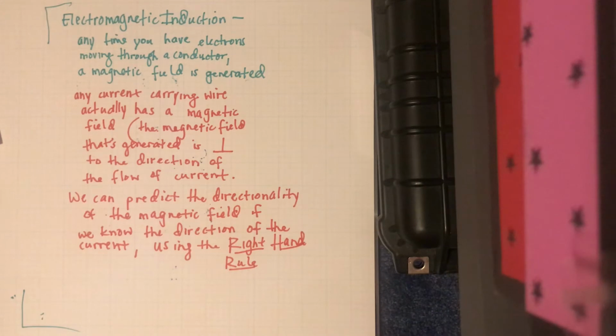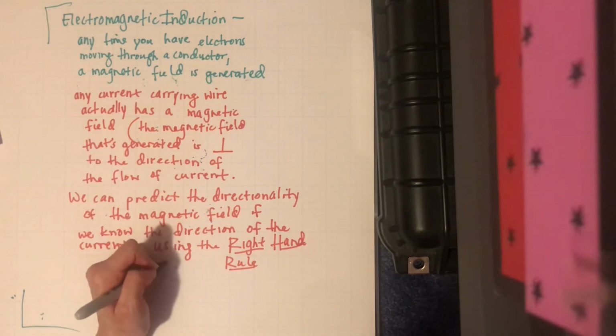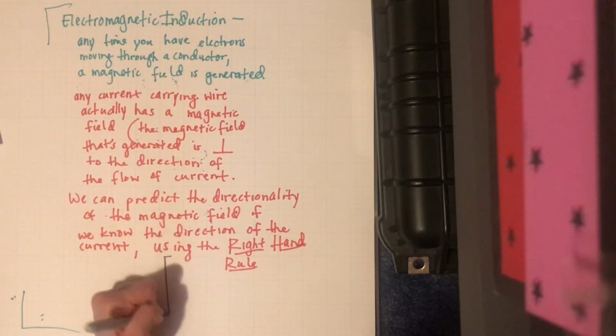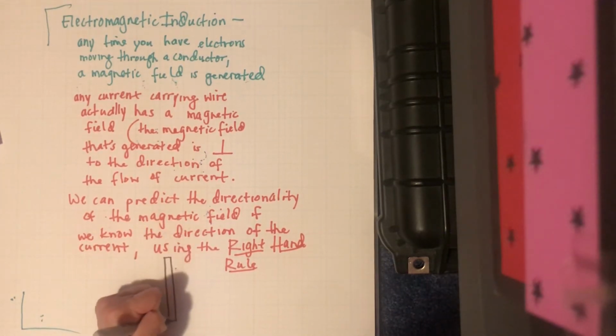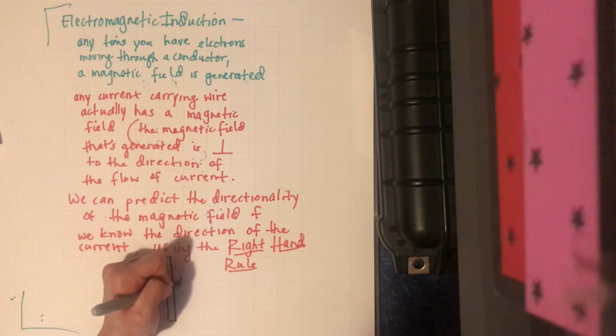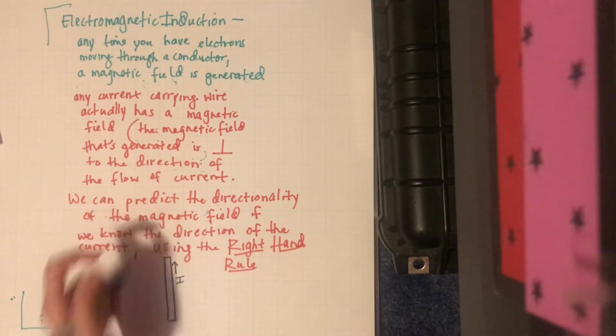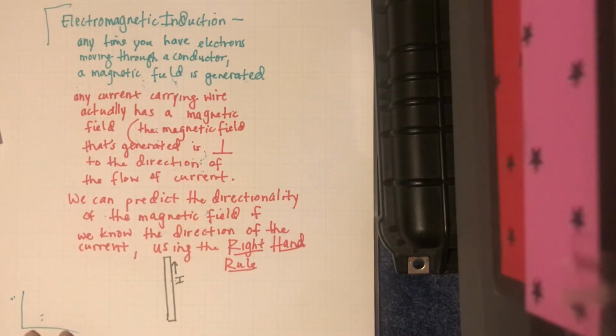Okay, so let's say we have a current carrying wire. So I'm going to draw a current carrying wire. Let's say that the current I is traveling up this wire. So we know the direction of our current.